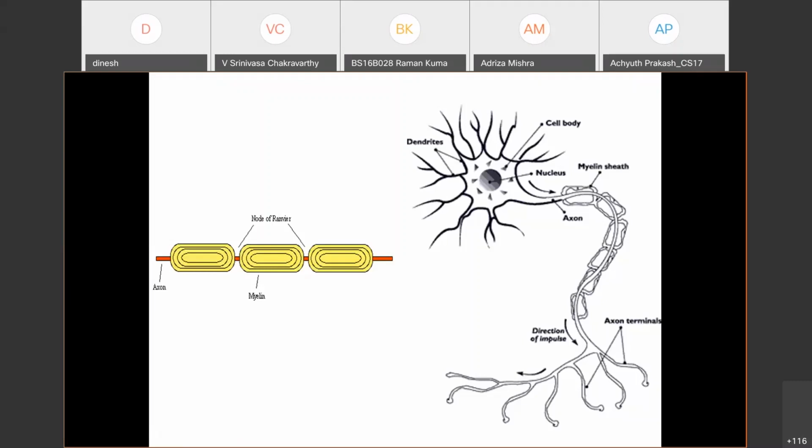So in the axon, as the signal is propagating, you have these myelin sheaths, which are actually a different kind of cells. In the CNS, or central nervous system, this myelin sheath is supplied by a kind of glial cells called oligodendrocytes, and in the PNS they are supplied by Schwann cells.